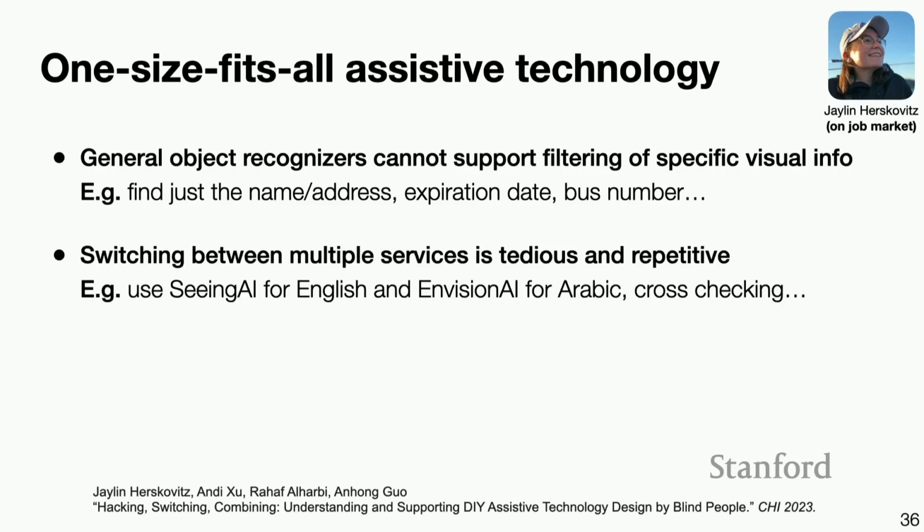Also, blind people often have to switch between multiple services to achieve one goal. For example, when one of our participants was sorting mail in different languages, some in English, some in Arabic, they have a trick of using Seeing AI to read the mail if it is in English, or Envision AI if it is in Arabic.